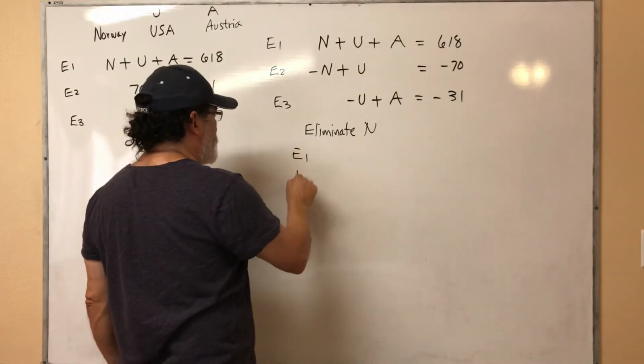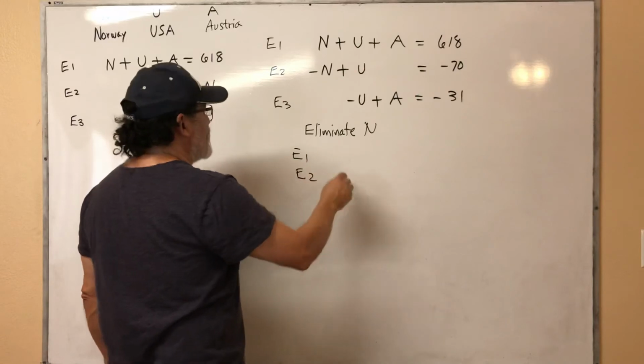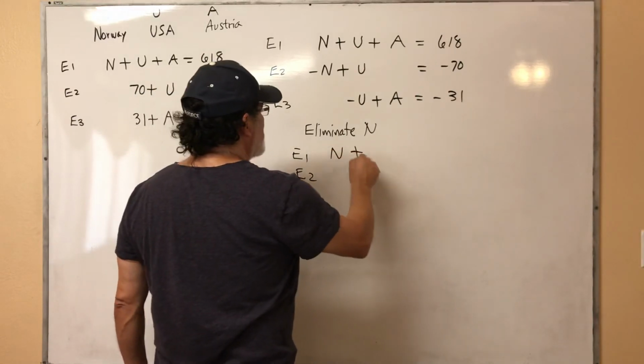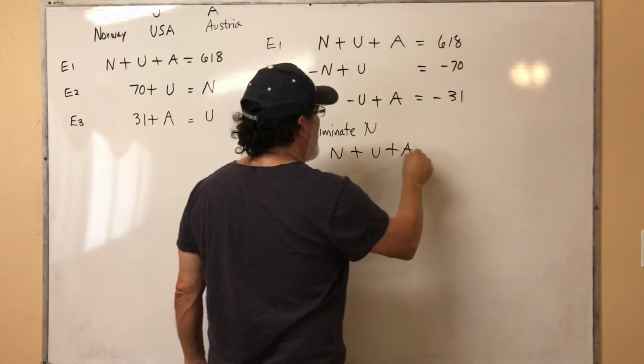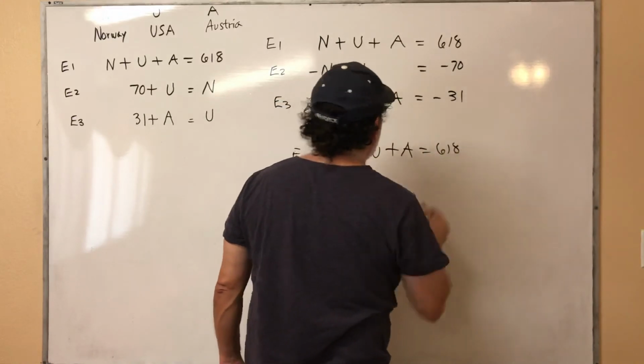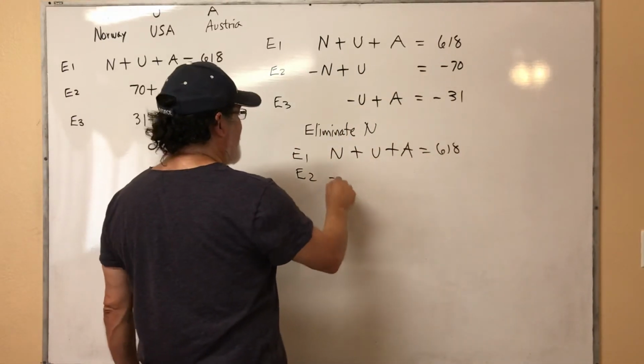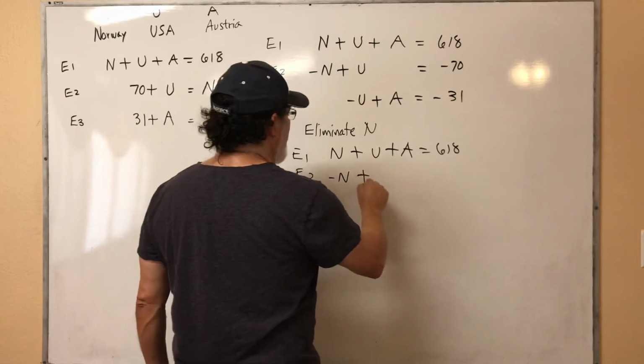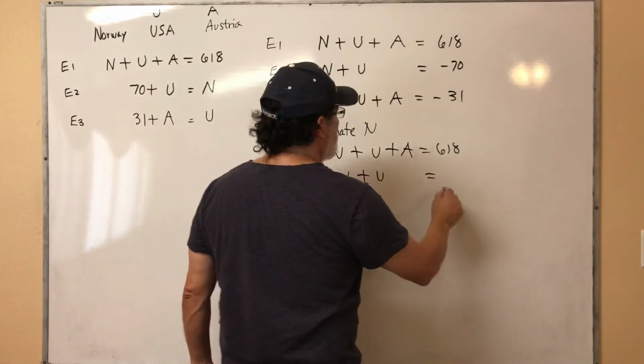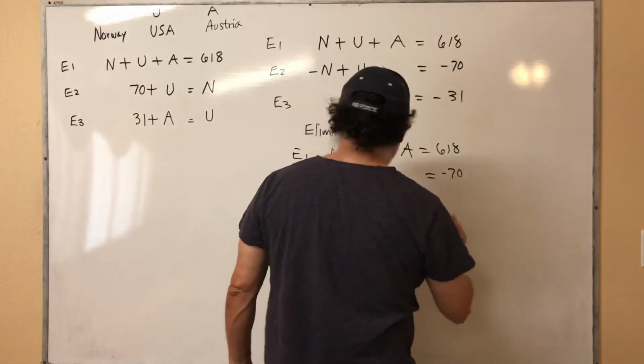N plus U plus A equals 618, and negative N plus U equals negative 70.